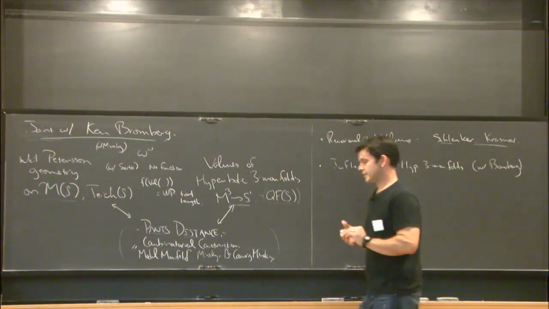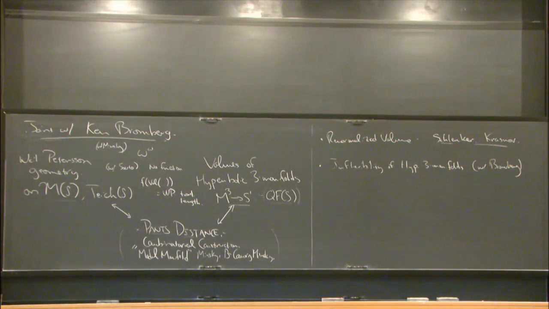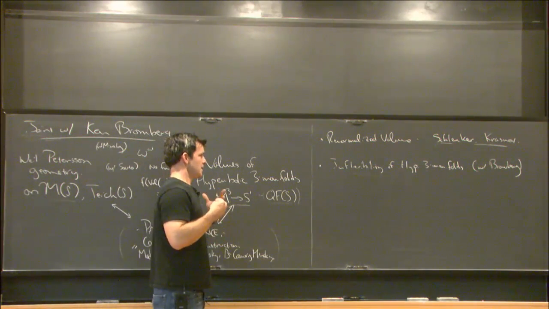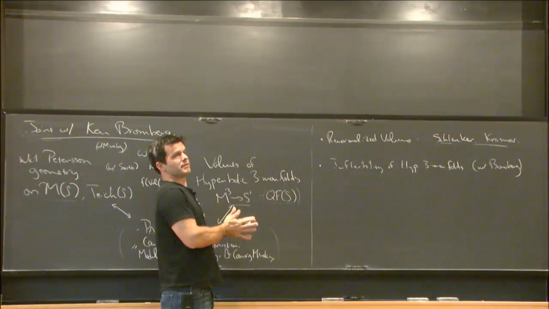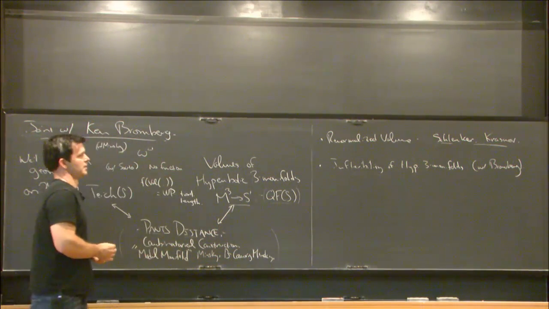So in this rigidity theory, for a closed or finite volume hyperbolic 3-manifold, any quasi-isometric deformation of the hyperbolic structure is homotopic back to an isometry.